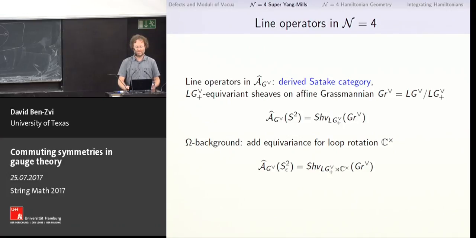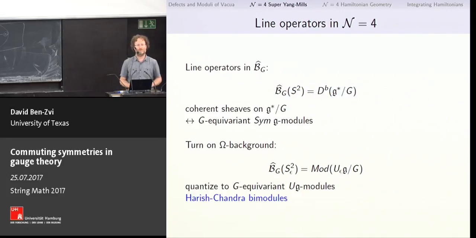On the other hand, it has a dual description, which is line operators on the B side. So on the B side, you have a much simpler story. What are line operators in this B theory for G? The claim is it's just the derived category of sheaves on G dual mod G. So you look at the Lie algebra G dual, and I'm going to look at coherent sheaves, or if you like, modules for holomorphic functions on G dual, and look at ones that are equivariant with respect to the coadjoint action.